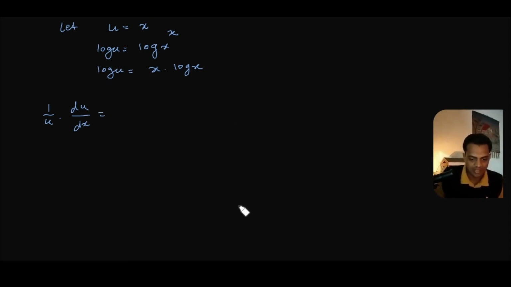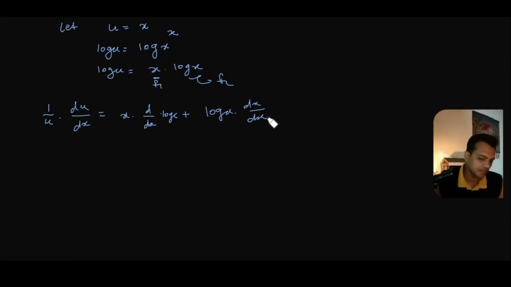Now this is our first function, function 1, and this is our second function, function 2. So the first function as it is, times the derivative of the second function, plus the second function as it is, times the derivative of the first function with respect to x, which is equal to 1.